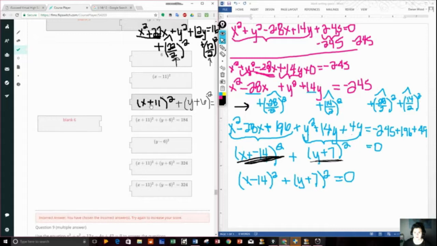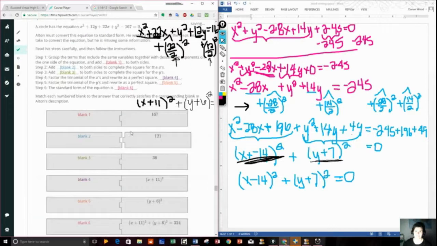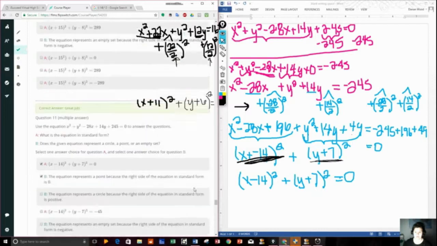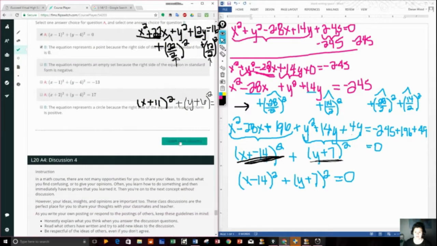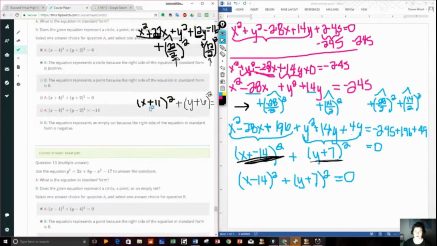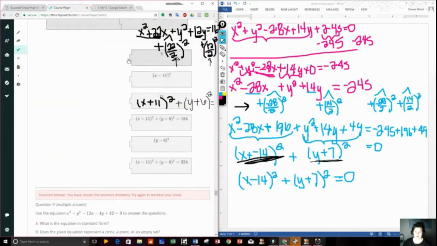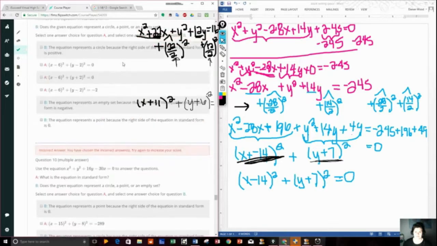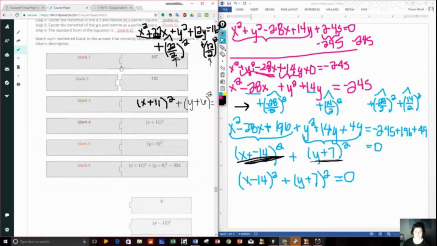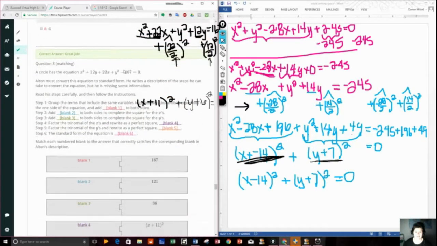So we're looking for an x plus 11 squared plus y plus 6 squared equals 324. And there's our blanks for question 8. There you have it.